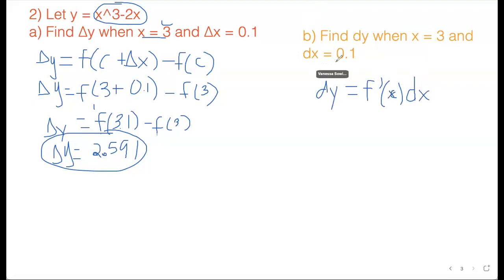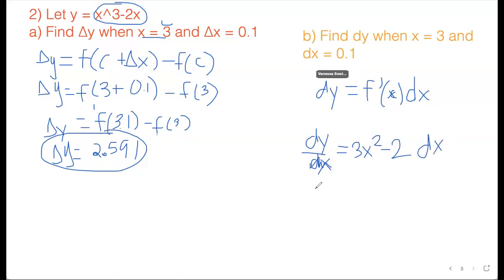So we have to take the derivative of x to the third minus 2x. The dy dx, which is basically just dy because we're going to multiply the dx over, is 3x squared minus 2. And then we move this over, times dx.